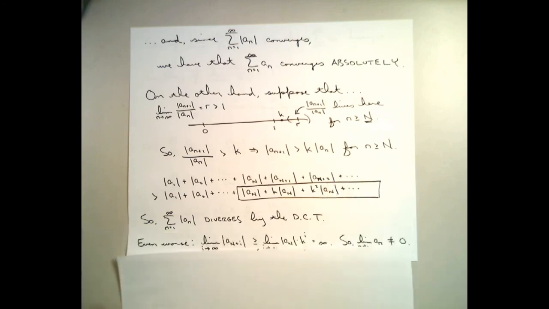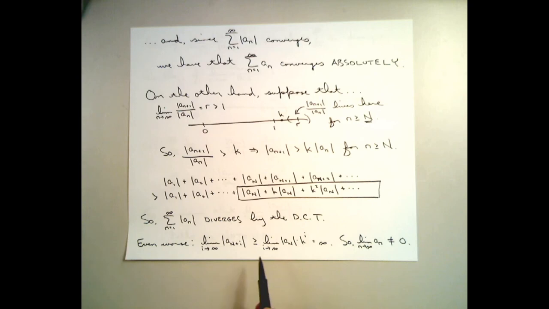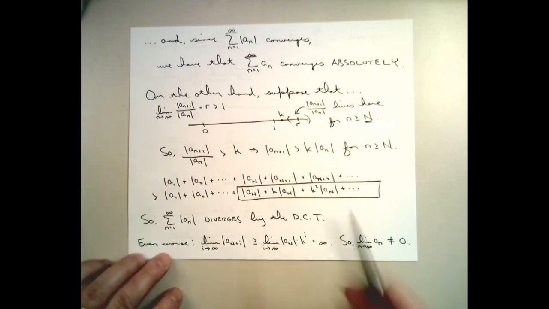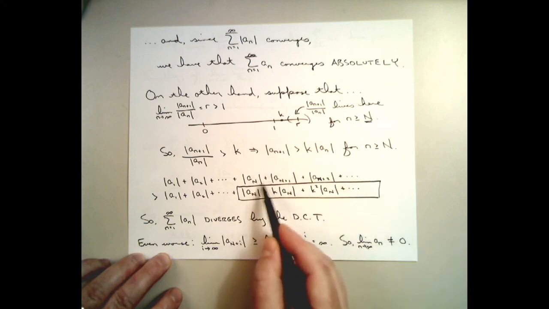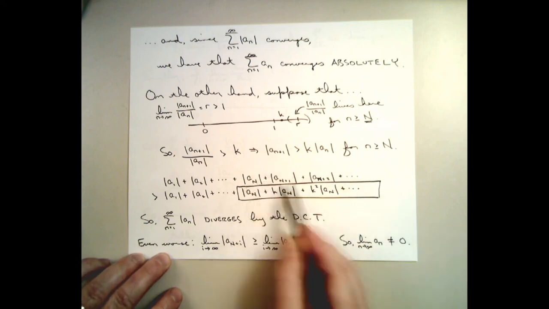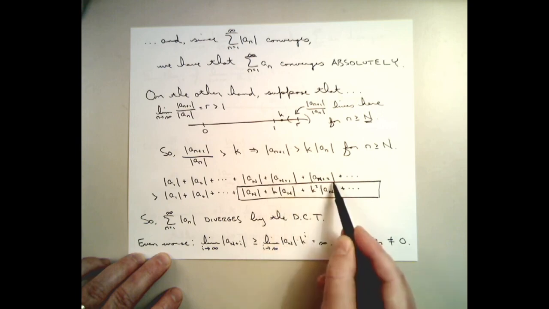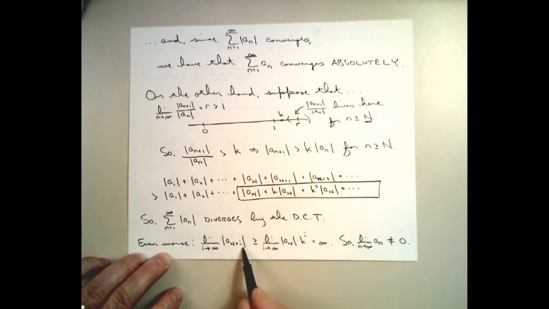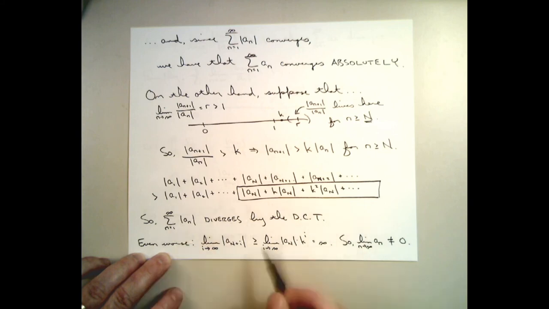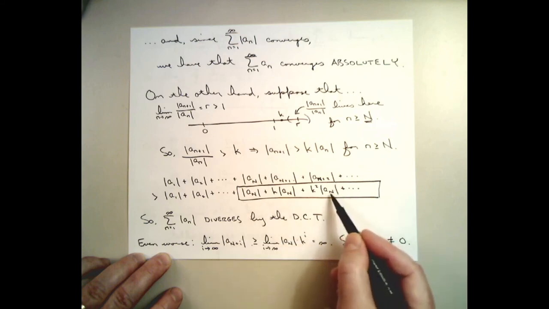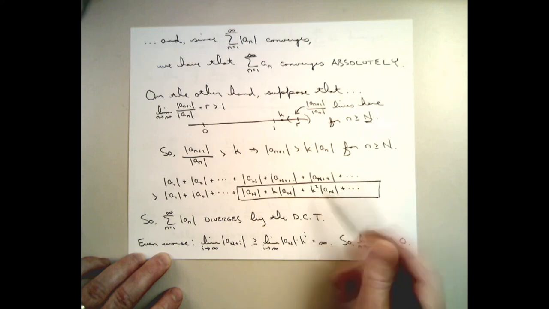But even worse, right? Looking at a sub n, a sub n plus 1, a sub n plus 2, if I look at these a sub n plus i's as i heads toward infinity, so I'm looking at larger and larger ones of these, what this argument shows is that it's bigger than or equal to a sub n times k to the i.